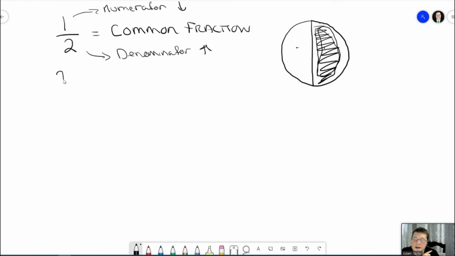So we also have an improper fraction. Okay, so with the improper fraction, the inverse is true here. The numerator is greater than the denominator, right?